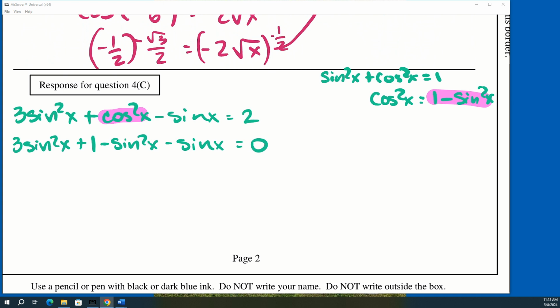All right, then I'm going to combine all my like terms. Whoops, it shouldn't equal 0, my bad. It should equal 2. And then I'm going to move the 2 over all in one step.